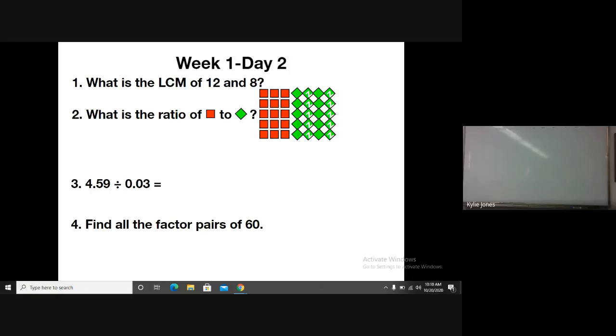And think about it the opposite way too, like 5 times what is 15? 15 is 5 times 3. 3 is what you divide by. 15 divided by 5 is 3. And this one, 20 divided by 5 is 4. So this is our final answer.